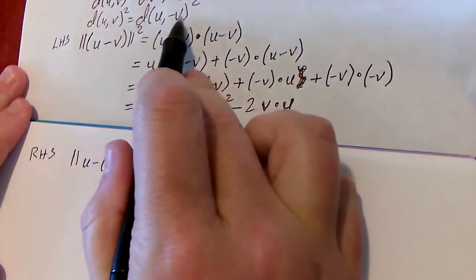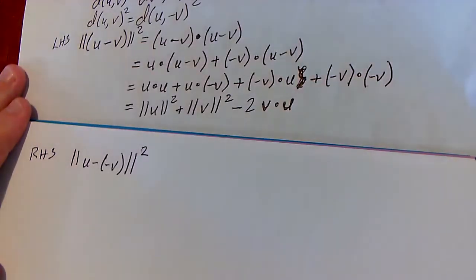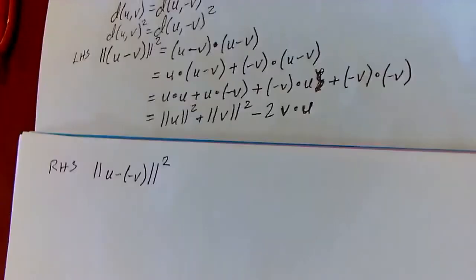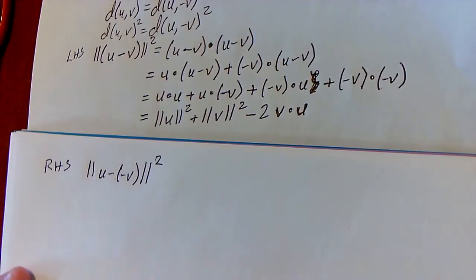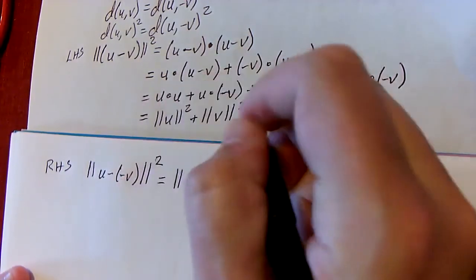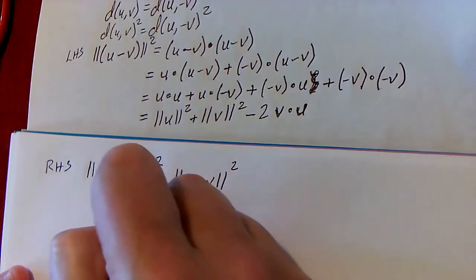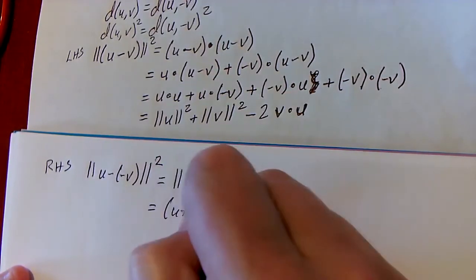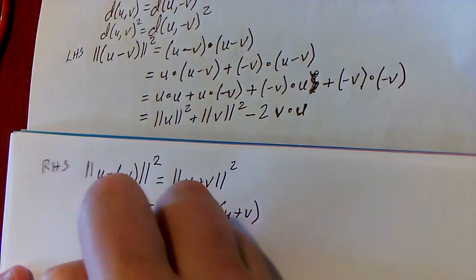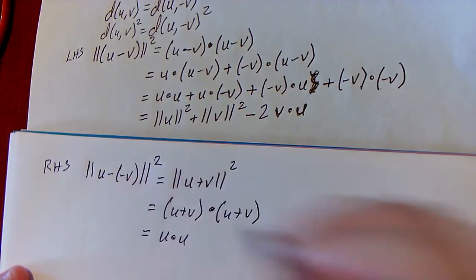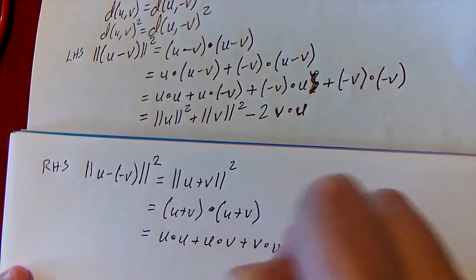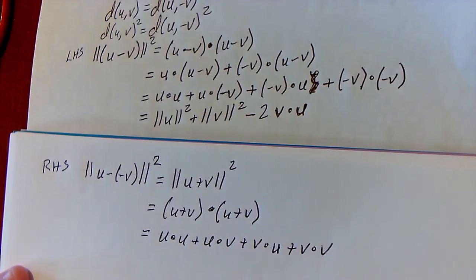It was the distance from u to negative v. But again, I'm doing squared, so I don't have to deal with that pesky square root. That just makes it easier to deal with. So really this is the same thing as saying the norm of u plus v squared, which would be the same thing as saying u plus v dot u plus v. And when I do all of that, I'm going to get u dot u, just like I did before, plus u dot v plus v dot u plus v dot v, because I just kill off all those negative signs.